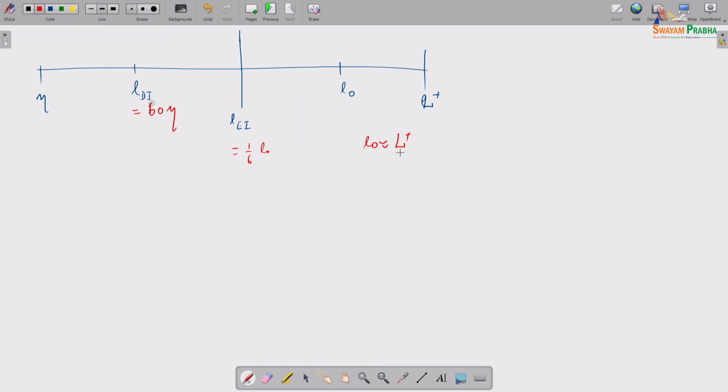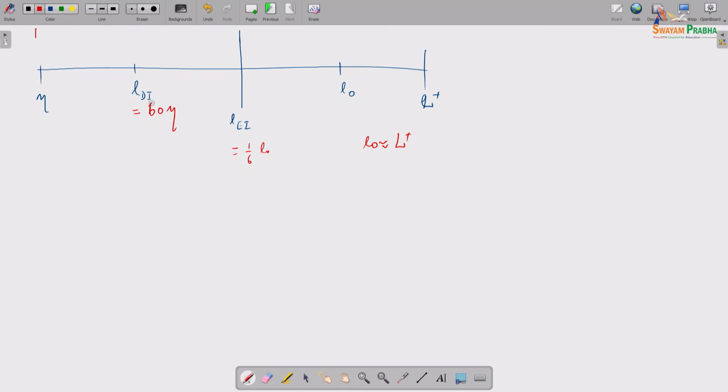L naught is the size of the largest eddy, and eta is the size of the smallest eddy. And L plus is actually the turbulent length scale, the complete length scale. So this is the complete equilibrium range.